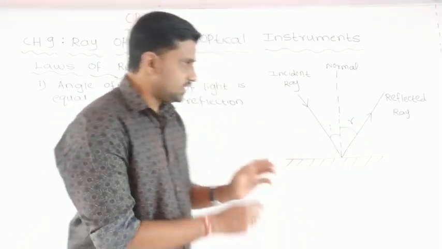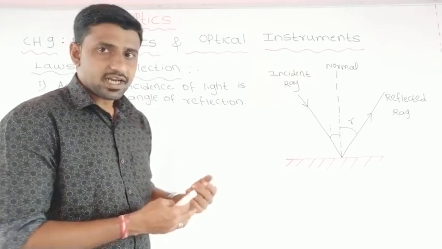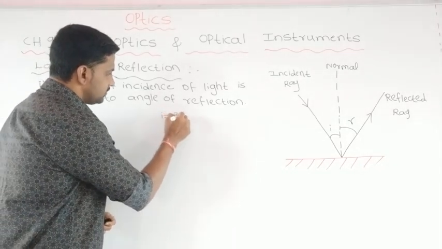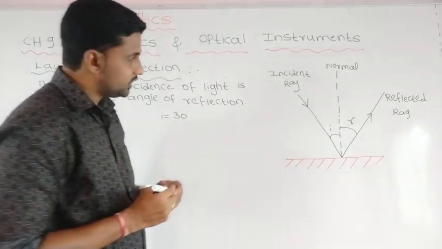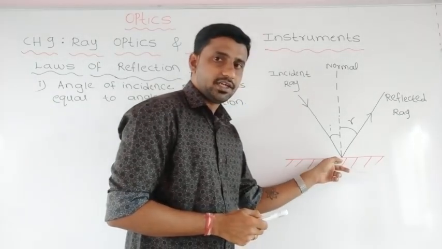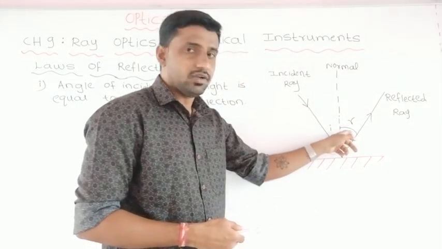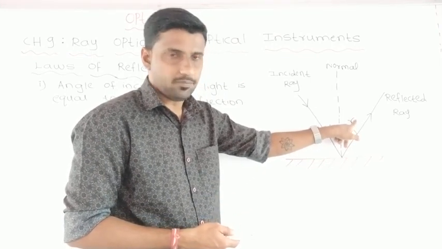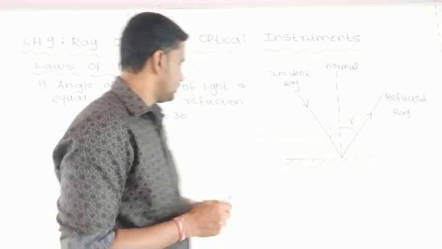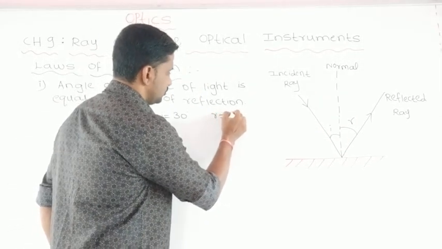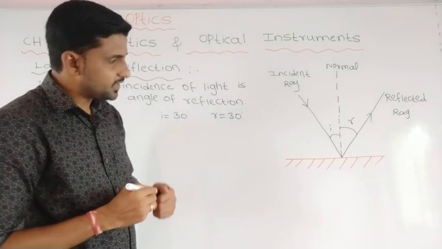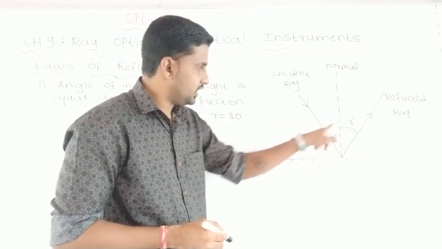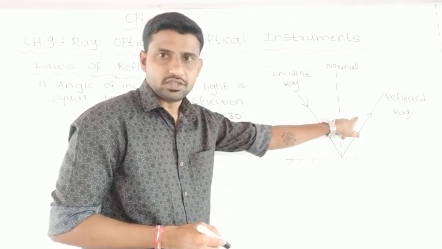For example, if I incident a light with some angle, 30 degree, to the reflecting surface, after hitting it will reflect with some angle, and that reflected angle also should be 30 degree. So they are same. That means the angle of incidence I is equal to angle of reflection R. If it is 30 degree, it is also 30 degree.